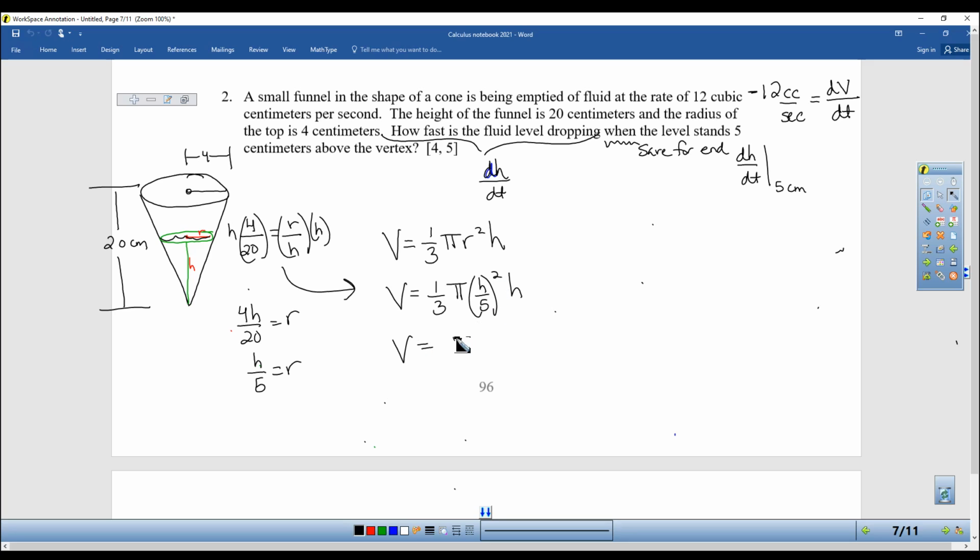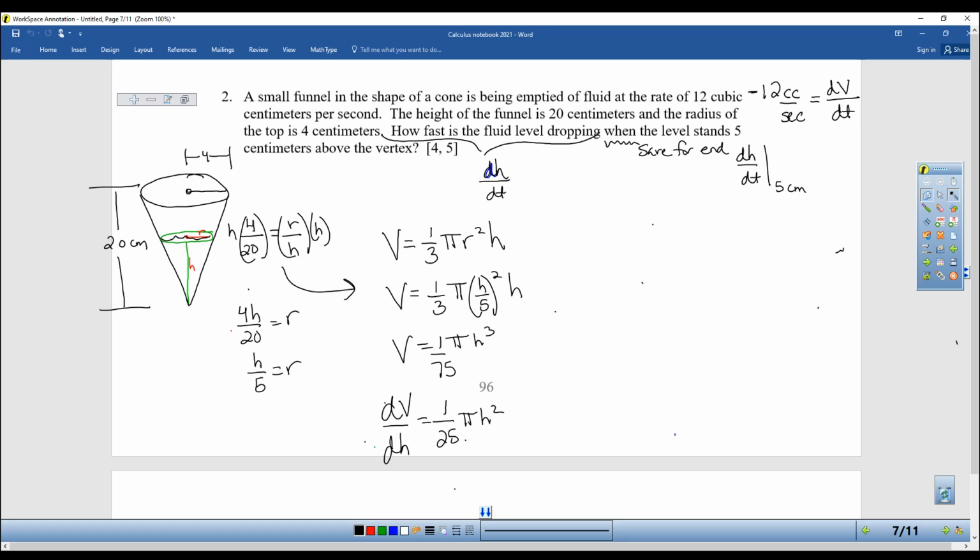The h squared can be put with the other h to make h cubed, and the 25 can be put with the 1/3 to make 1 over 75. If I took the derivative right now, I would be doing so with respect to h, which would give me 1 over 25 pi h squared.